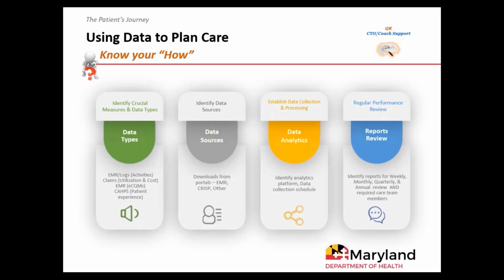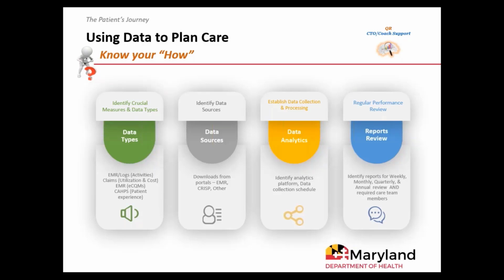Next, you should also develop a data collection process and data analytics platform, using a spreadsheet or any other data analytics platform you have in the interim. And then you develop and review your performance over time. We are lucky that we already have some of this work done by CRISP, so you can use the reports, but you can also fill in the blanks with the interim outcomes you may be tracking, like how often are we calling our patients who have a recent ED visit or inpatient stay, who's tracking that?